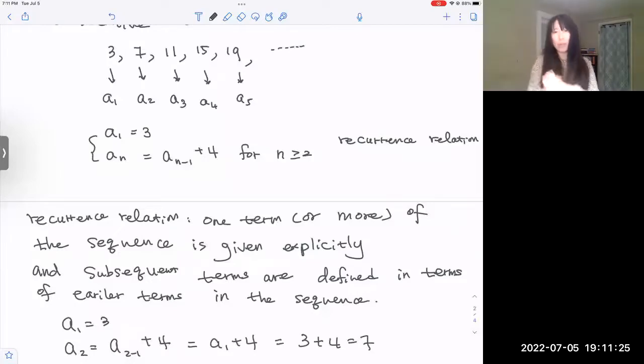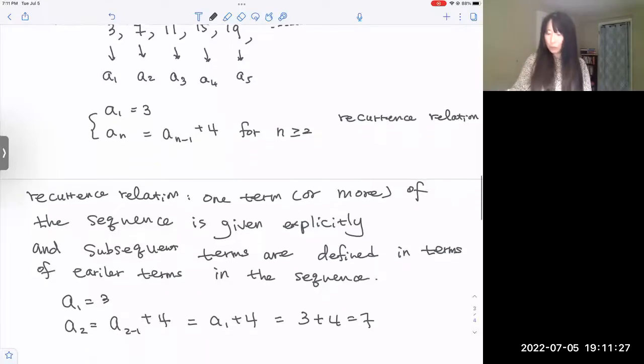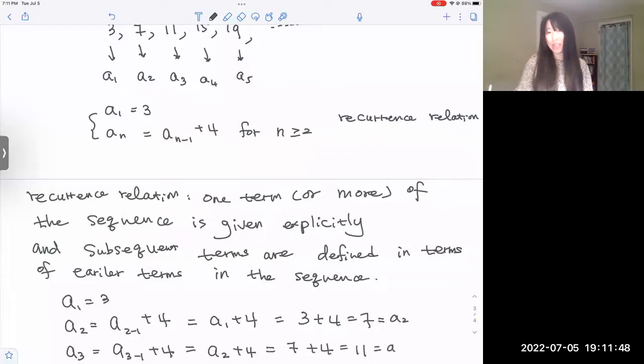Very good. Thank you, right? So let's do a sub 3. So a sub 3 means a sub 3 minus 1 plus 4. That is a sub 2 plus 4. So a sub 2, which is 7, plus 4, which is 11. That's how we get the a sub 3 there, right?